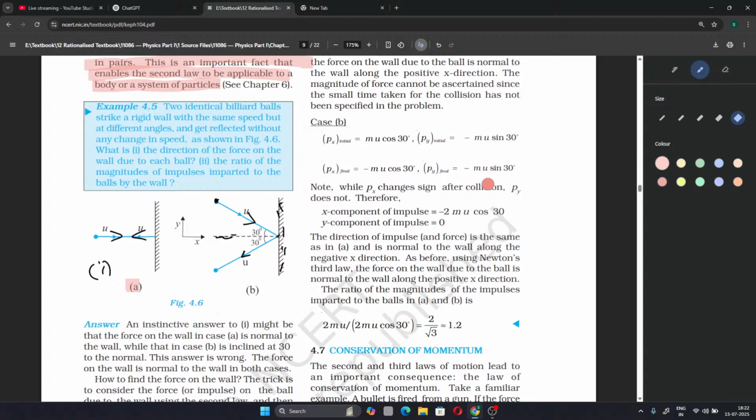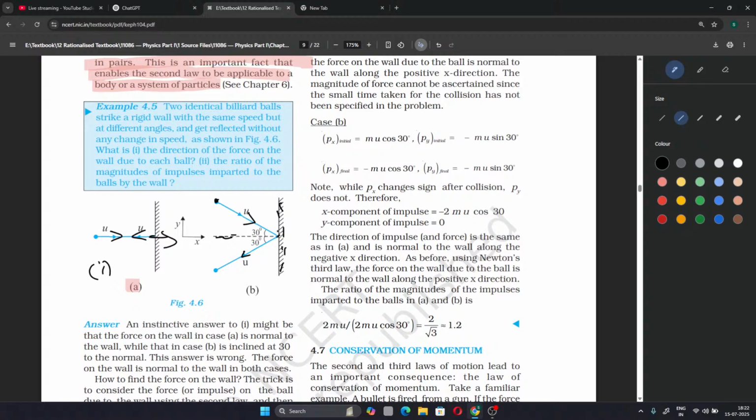And the ratio of the magnitudes of impulse imparted to the balls by the wall. So they are asking two things. First, the direction of force imparted on the wall. The force imparted on the wall by the first ball is directly perpendicular, normal to the wall, into the wall.